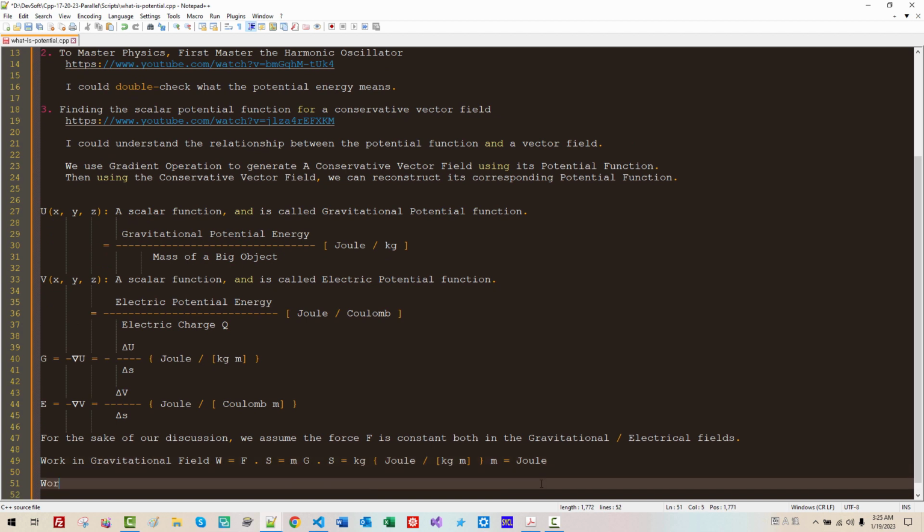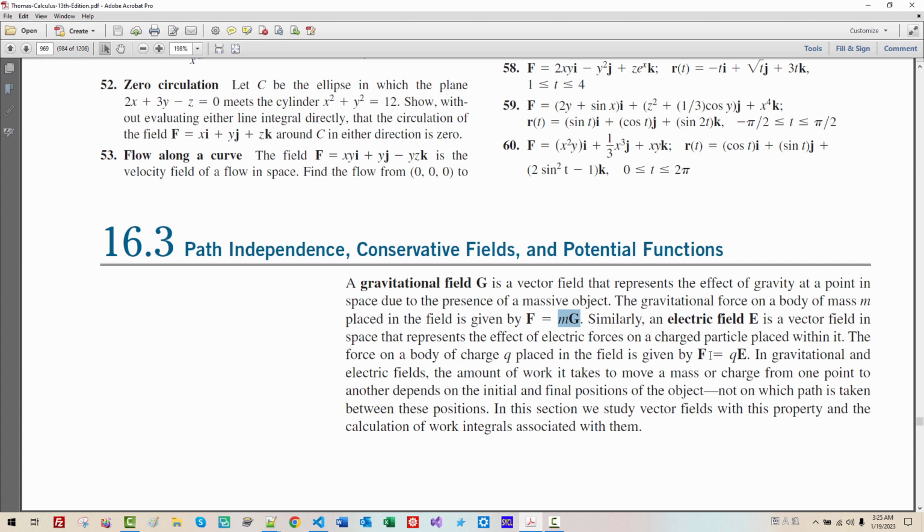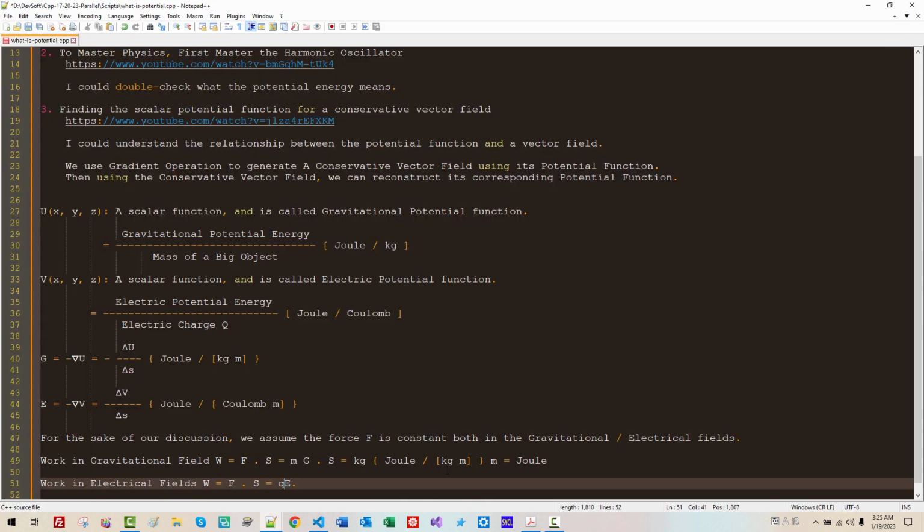Now work in the electrical field is W equals F dot S. Again, from this book, F equals QE. So QE dot S. The unit of Q is Coulomb.